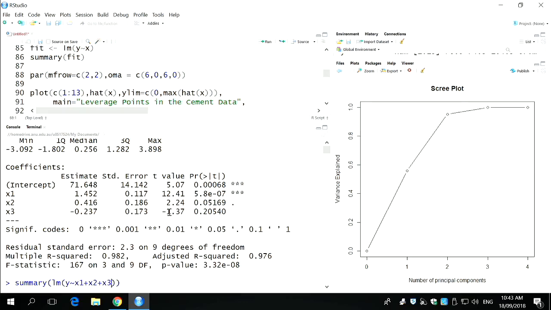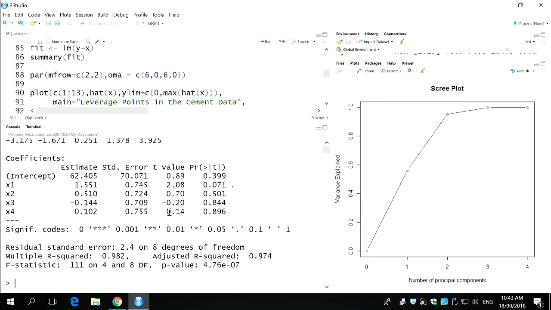And I'm going to see this if I add in x4, 97.6, x1 plus x3 plus x4, 97.5, x2 plus x3 plus x4, 96.4. Okay? So adding that 3rd variable doesn't really get me anywhere because I was at about 97.5 with only 2 variables, right? And then what's the last model I can fit? It's got all of them in it. And you can see 97.5 is where I land.